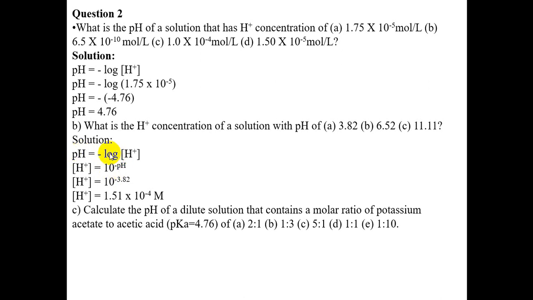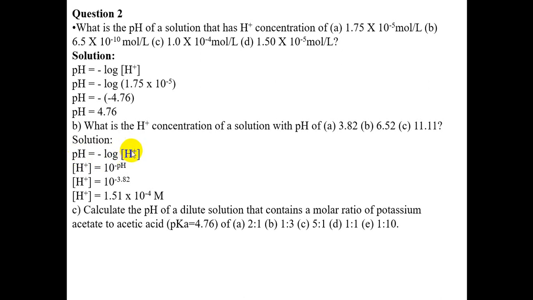But you know, there is a negative sign here. So the 10, the log, will take the negative sign along with it to go and carry the pH. So it will leave the hydrogen ion concentration standing alone. They are divorced.